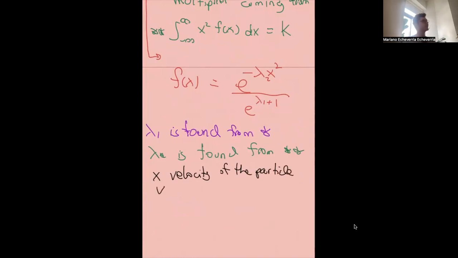So what does it mean for the variance to be fixed? What function of the velocity do you know depends on v squared? What's a quantity in physics that uses the velocity squared?